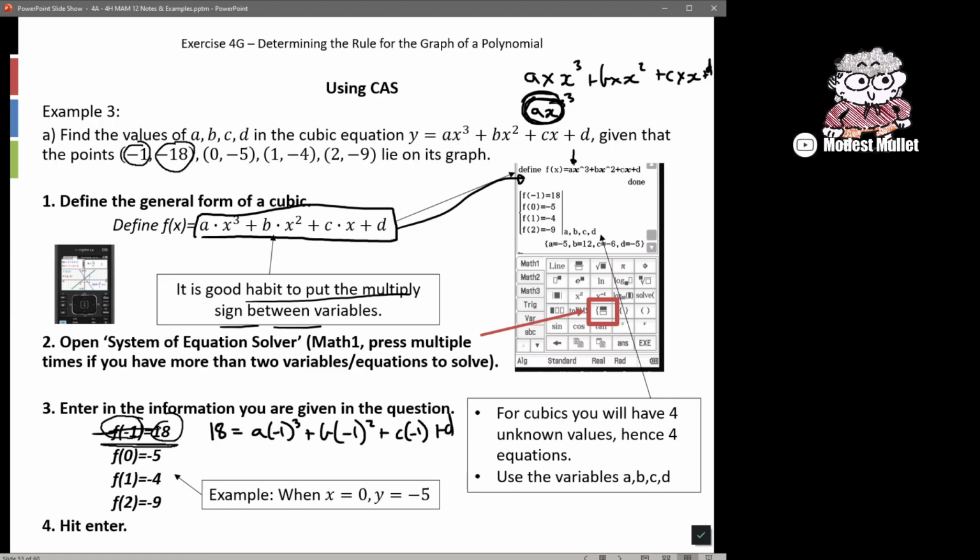You could write that instead of that first line, but it's much easier to define the function first and then write this out in the shorthand function notation. And once you do that, then hit enter and it's going to give you your answer.